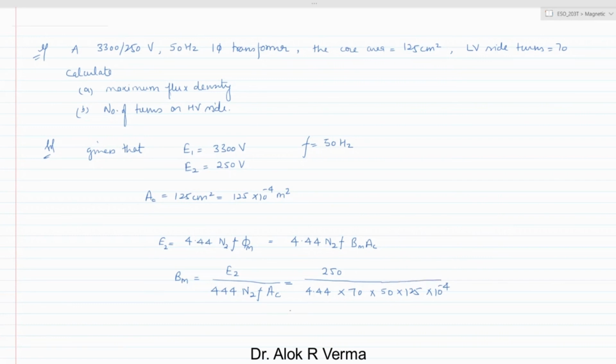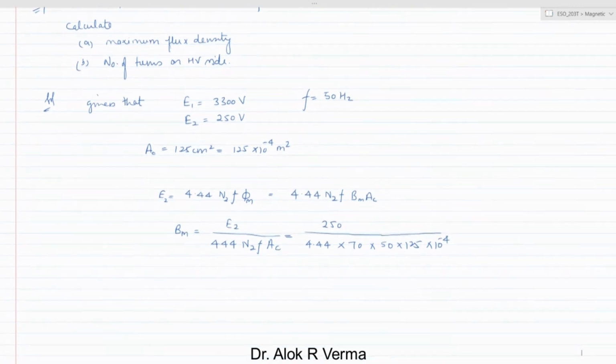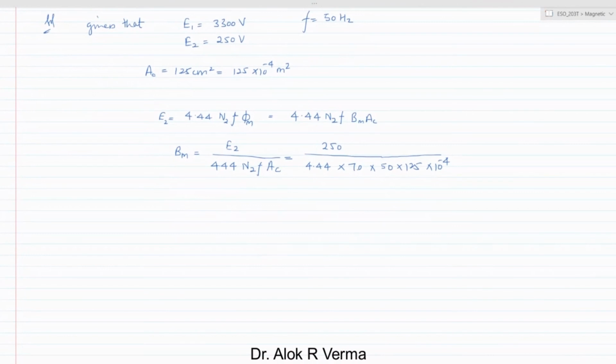Now substituting these values, we get approximately 1.29 Tesla. So 1.29 Tesla is the flux density. So part A is answered.